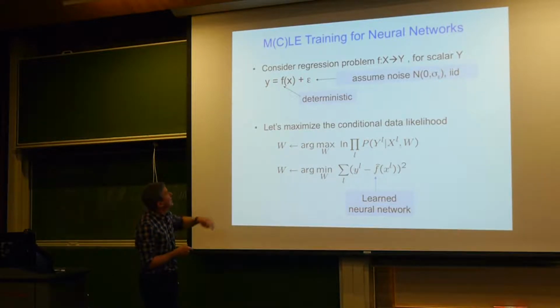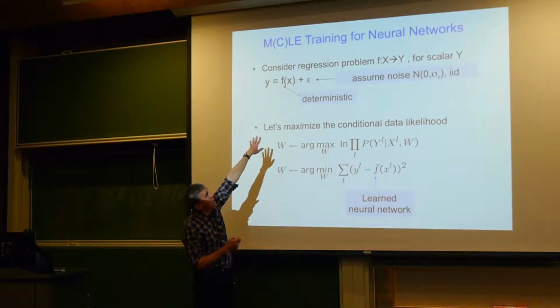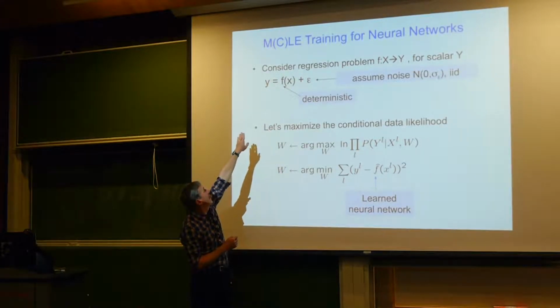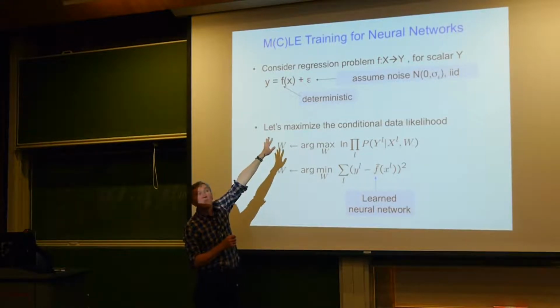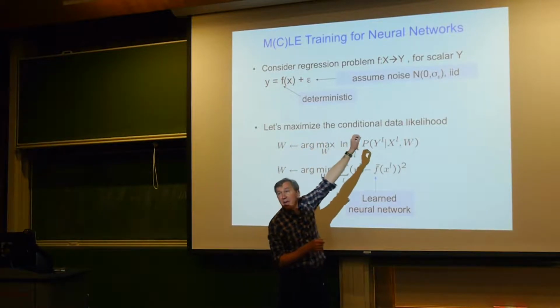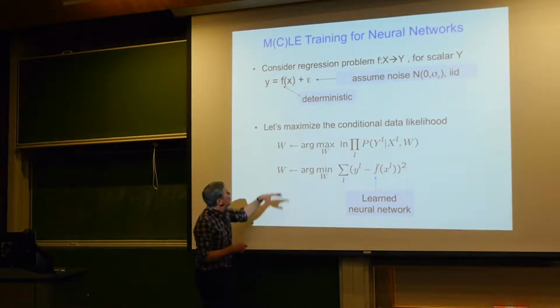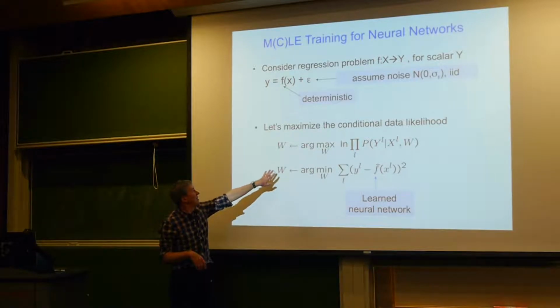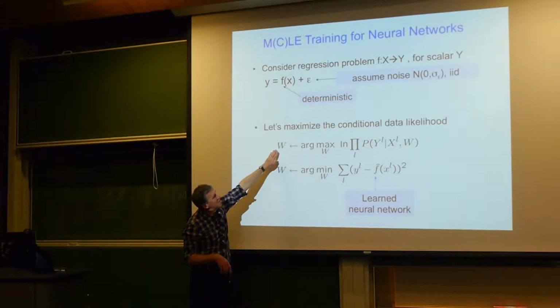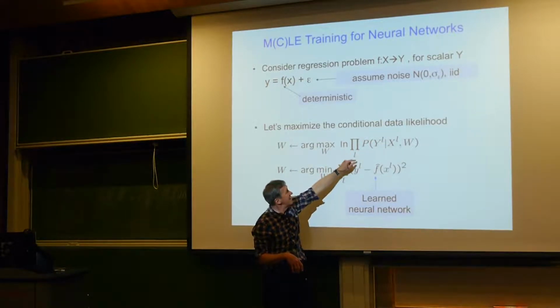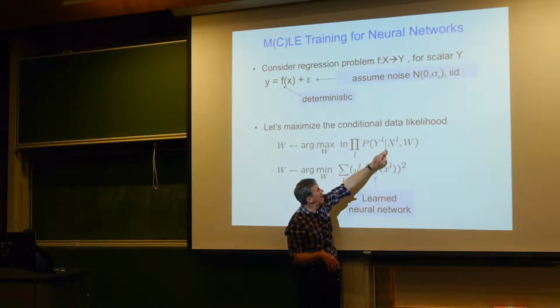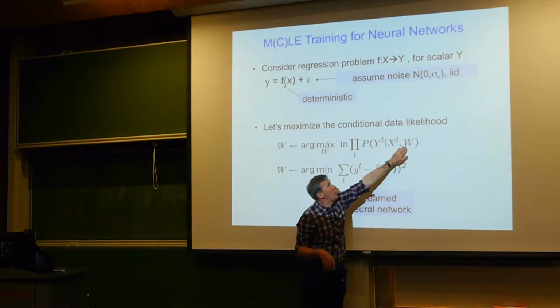Remember, we talked about if we make the modeling assumption that the output we observe is the result of some deterministic function of the input plus zero mean Gaussian noise, then the maximum likelihood estimate would be simply the one that maximizes the log conditional probability over each of the training examples of the output for that training example given the input and the weights that we're learning.